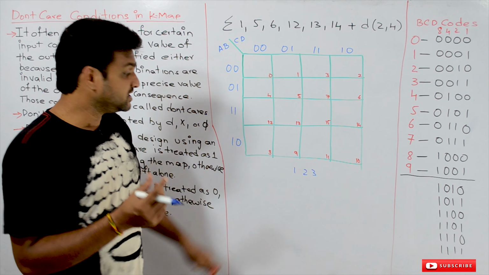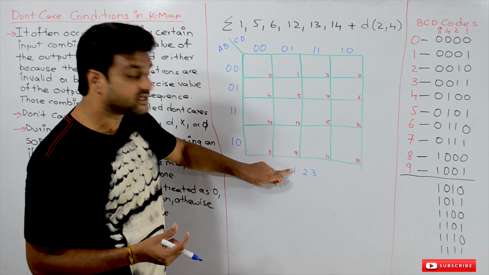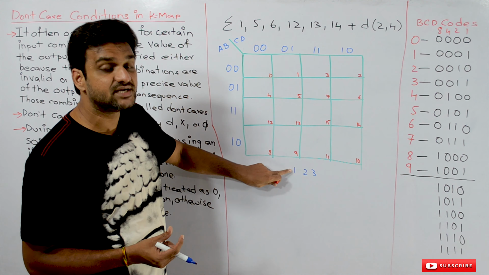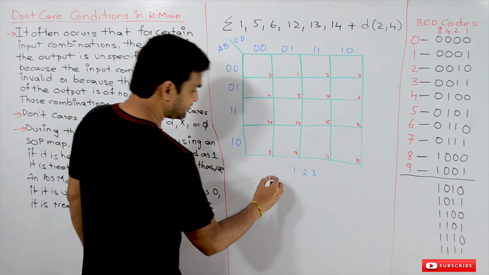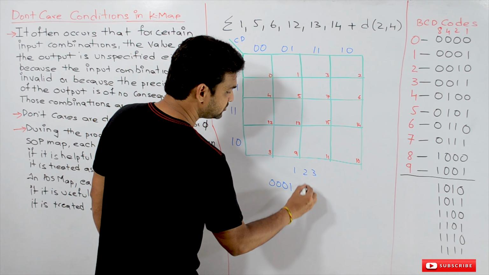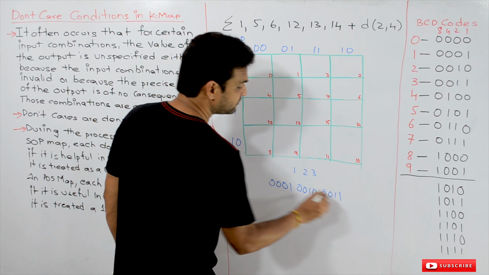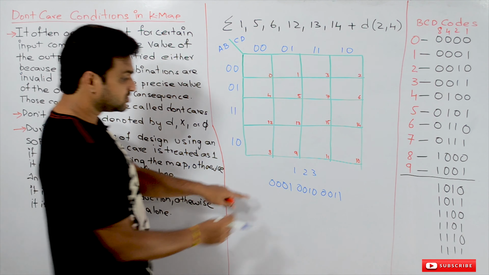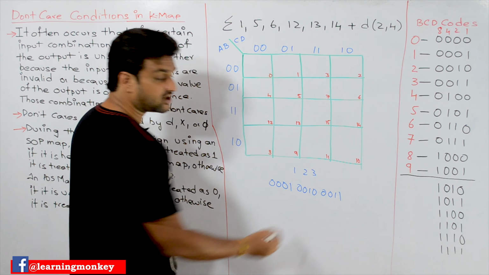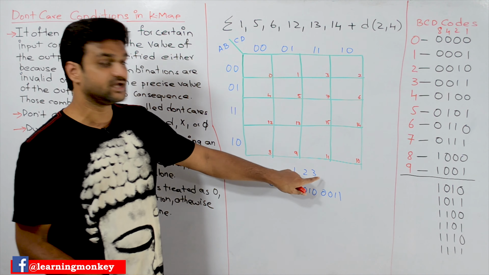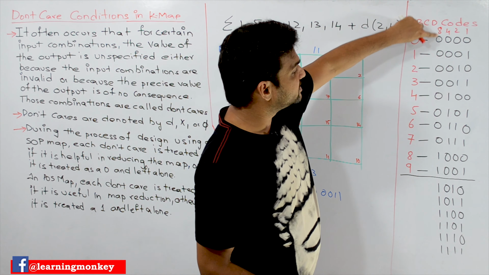In BCD code representation, every decimal digit in the decimal number is represented by a unique code. So 1 is represented as 0001, 2 is represented as 0010, and 3 is represented as 0011 in some of the BCD codes. So this entire set of bits is used to represent 1, 2, 3 in decimal. Okay, so this is the 8421 coding system.